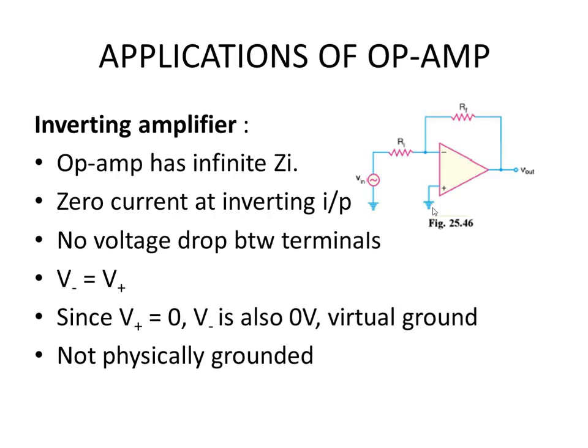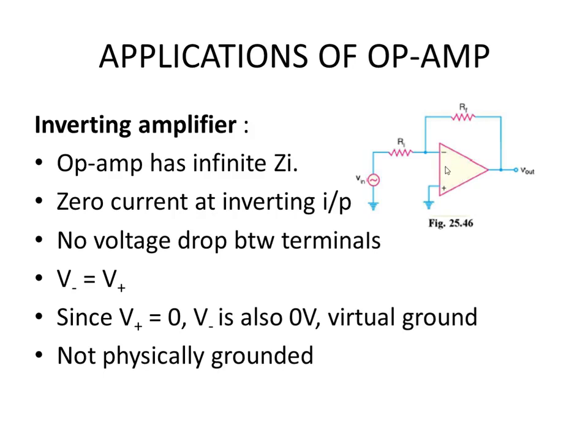Clear? So if the input is connected to the inverting terminal of an op-amp, then this amplifier is known as an inverting amplifier. Here we know that the input impedance of the op-amp is very high. Ideally it is infinity, and the output impedance is very low.